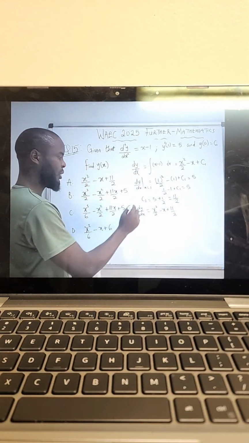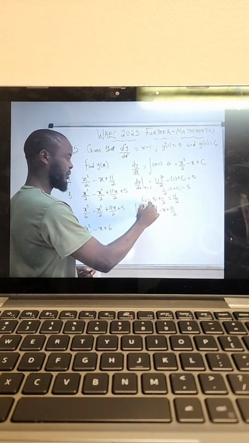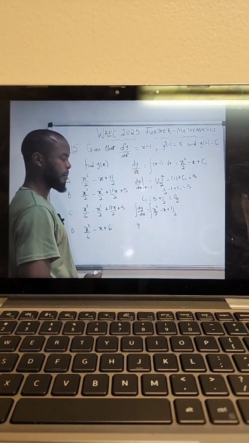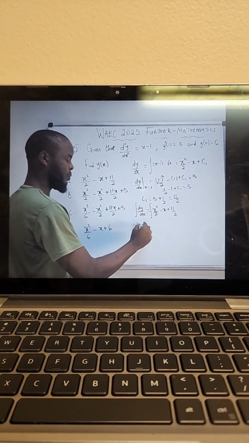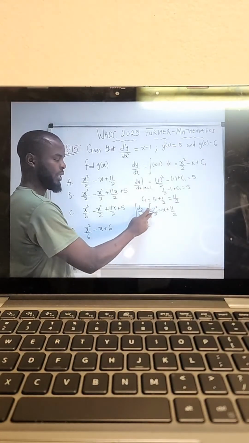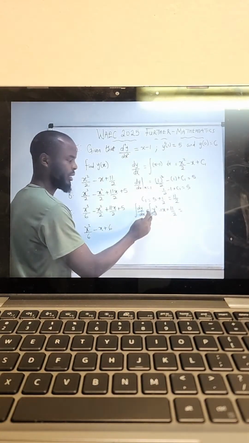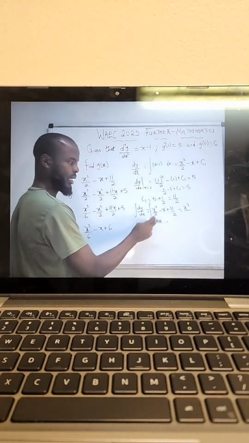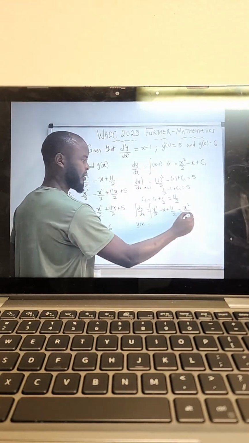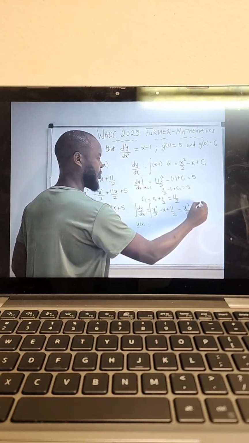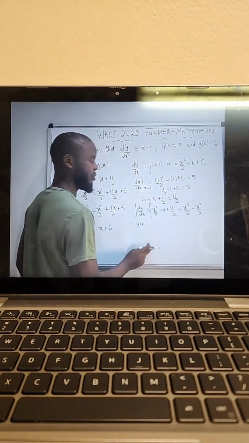What we have to do is to integrate this again. So here we can have our y of x. Now your y is going to be, if you integrate this first term, x cubed over 3 times 2, which is 6, minus, if you integrate this, x squared over 2.